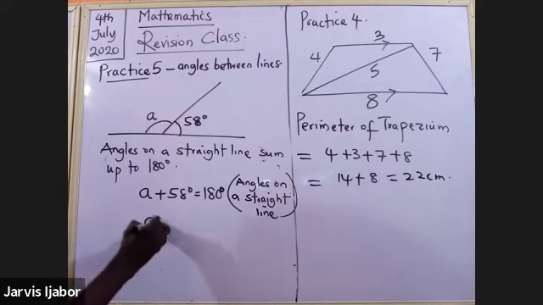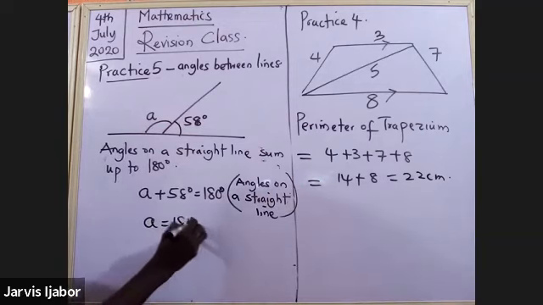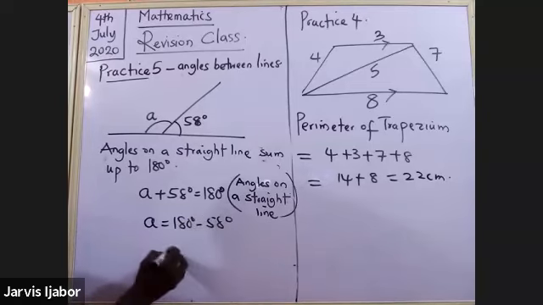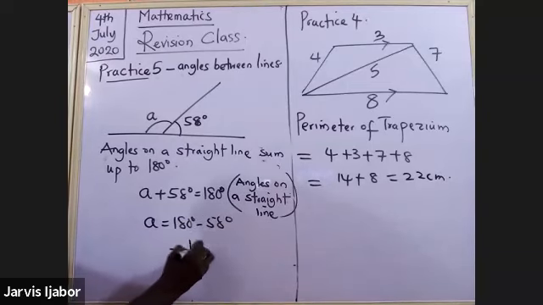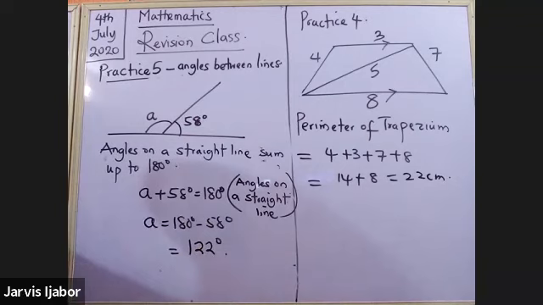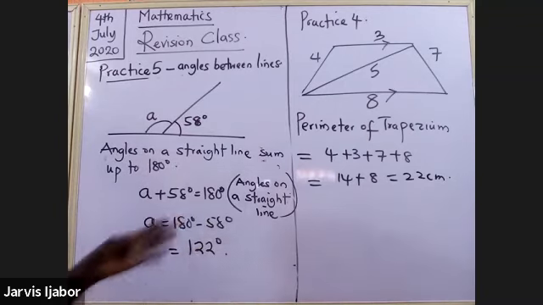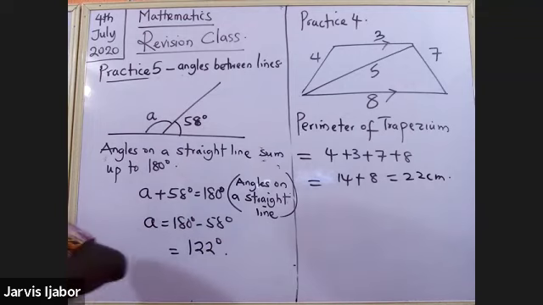So from here, A will be equal to 180 degrees minus 58 degrees. And that will give you 122 degrees. I believe everybody can do simple addition and subtraction. I believe everybody in this class can do that.